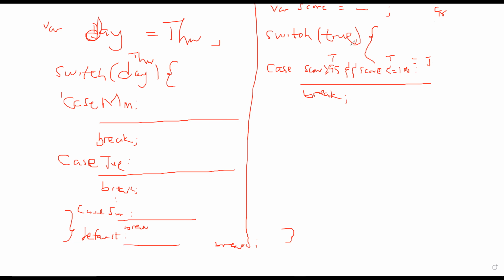And since true is the same as this true here, then this will run. Whatever code I have here, the statement, it will execute. So that is how I'm going to do for the rest of the cases until default, which is the else.